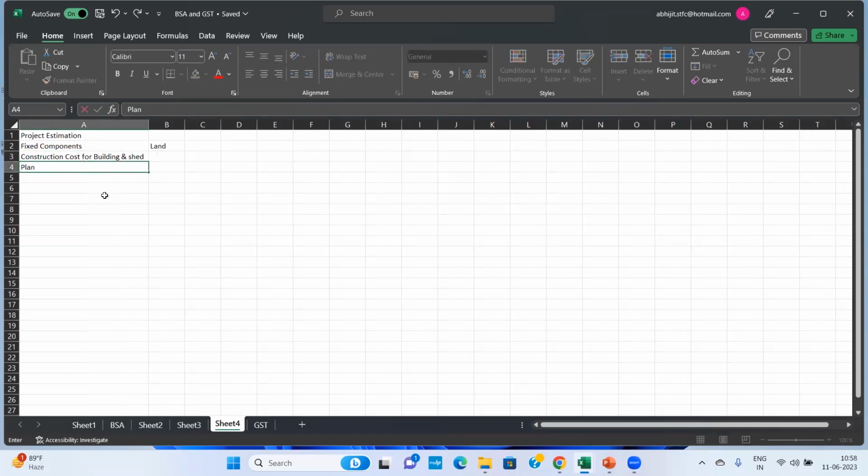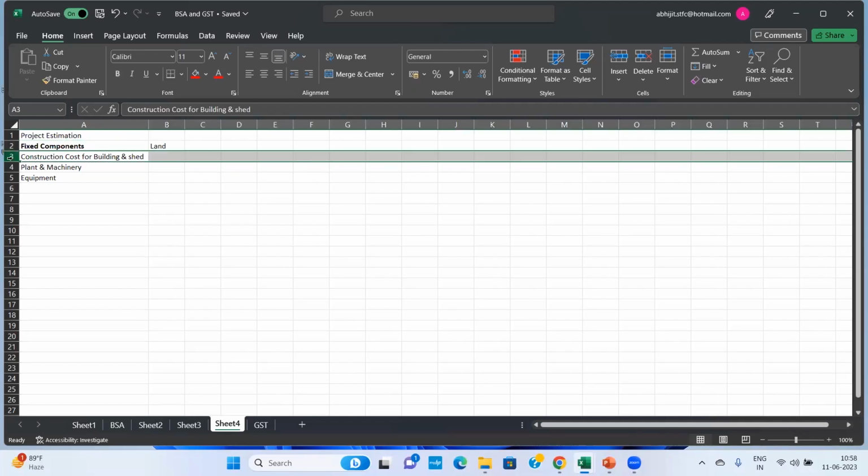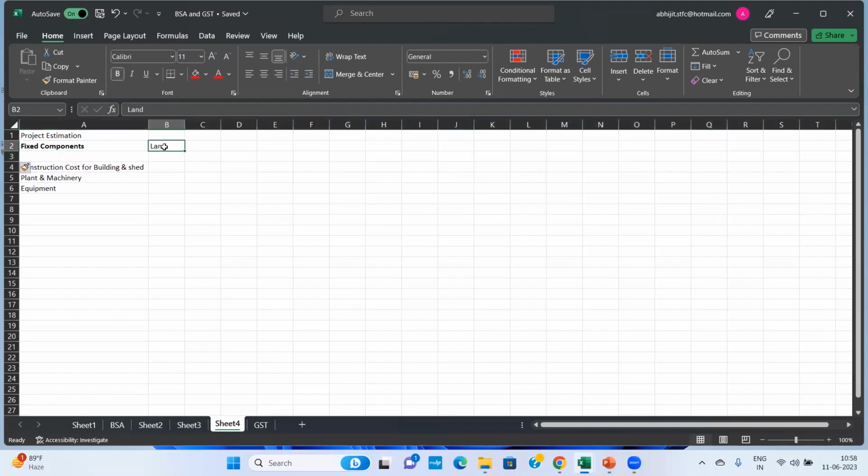Next is plant and machinery. Next is equipment. I'm coming to that. Raw materials doesn't come in the fixed cost. So I'm talking about fixed components. Okay, so these are some of the fixed components.